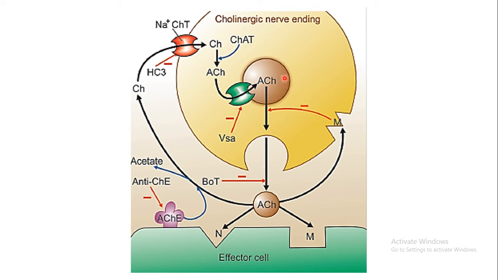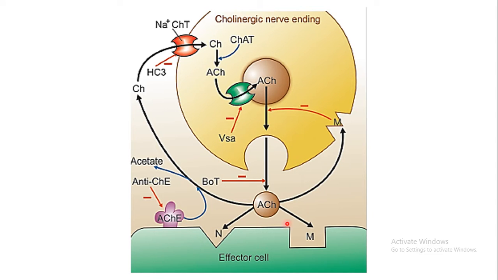What will happen? This vesicle will move towards the exolemma and get attached over here, and the outer wall will break open. As a result, whatever is stored within the vesicles will be released into the cleft. As you must be aware, any two neurons are not physically in contact with each other, and whatever effector cell on which ACH will act is also not in physical contact with the neurons.